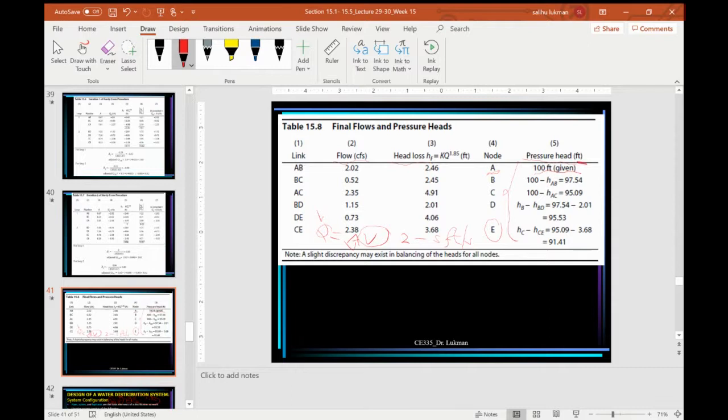You can convert it to pressure, because the pressure head is simply P over gamma. You can also convert it to piezometric pressure, which is P plus gamma Z.